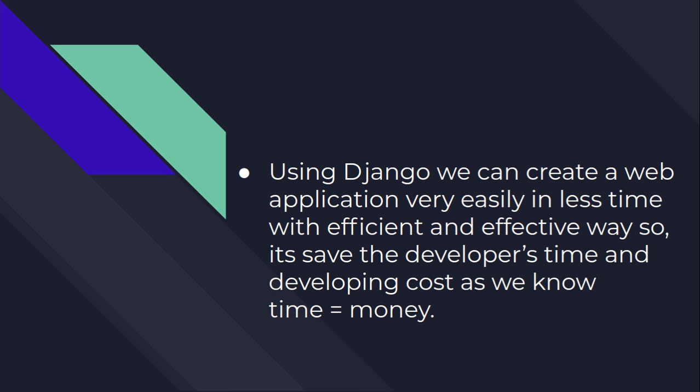Whenever we are using Django, we can create the web application very easily, in less time, in an efficient and effective way. So it might save the developers' time and also save the development cost. As we know, time is equal to money, so Django is very useful in this scenario.